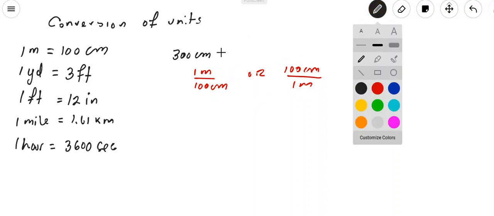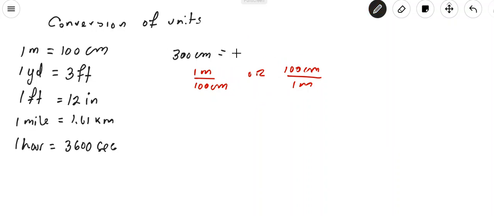So I can always write the relation as two different fractions. In this case, what we want to do is to convert these 300 centimeters into meters. So what is the fraction that I'm going to use? As I want to cancel the centimeters out and get meters as my output unit, I'm going to use this fraction.